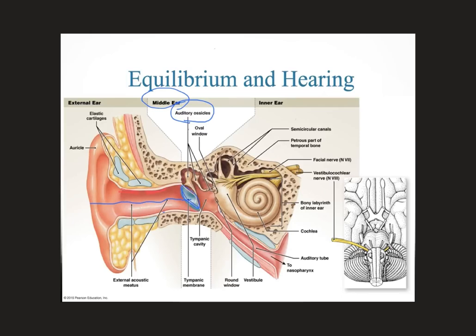Your tympanic membrane is going to vibrate, and it's going to make your auditory ossicles move. Now, we didn't talk about the auditory ossicles yet, but you do have 3 auditory ossicles. The first one is your malleus, right over here. So this is your first one. Maybe I should change color.